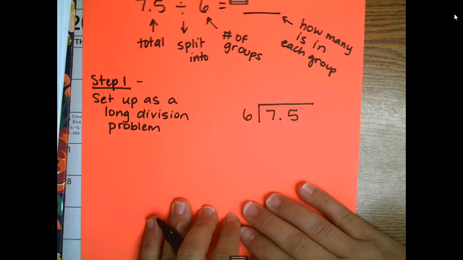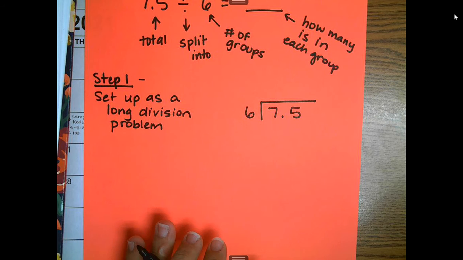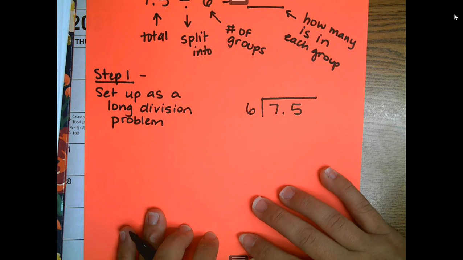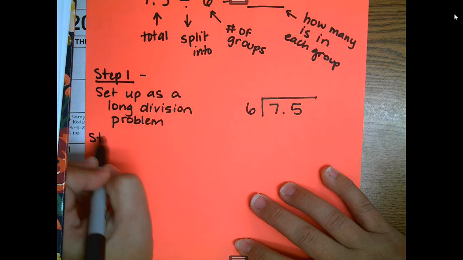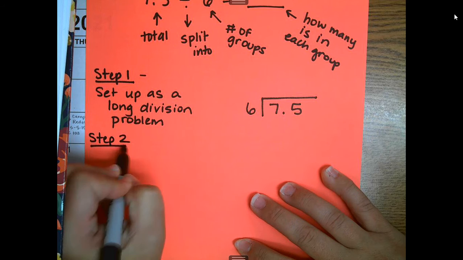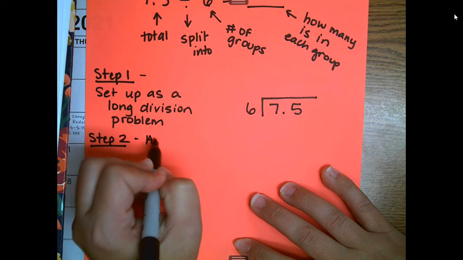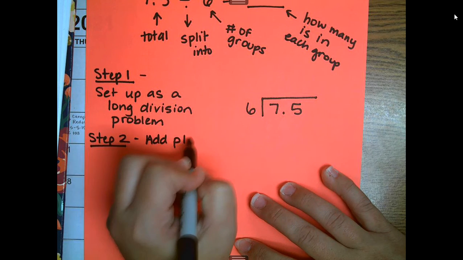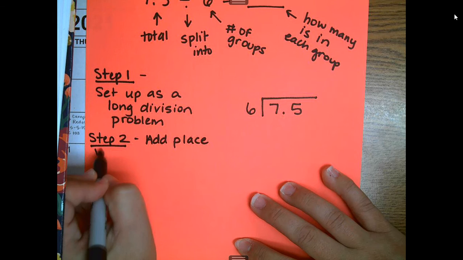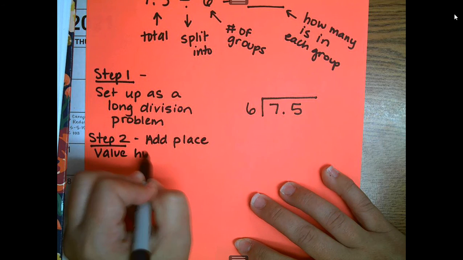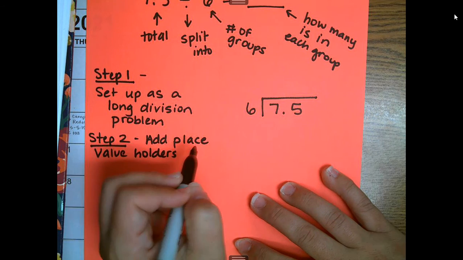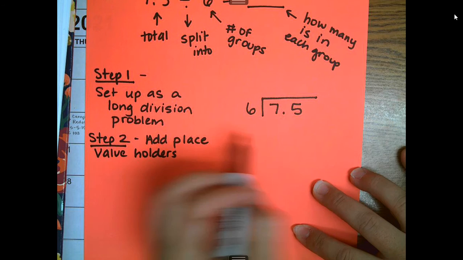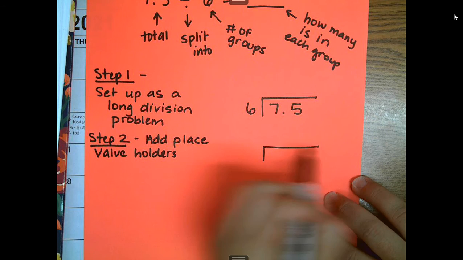Then step 2 is going to be to add my place value holders. And this is just going to help me know where things go.